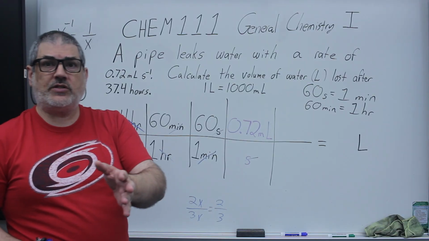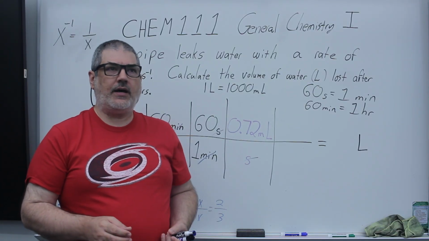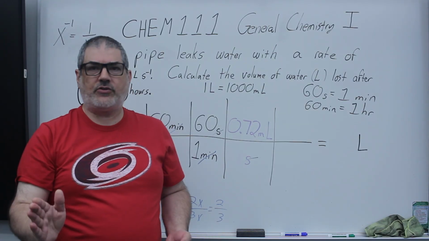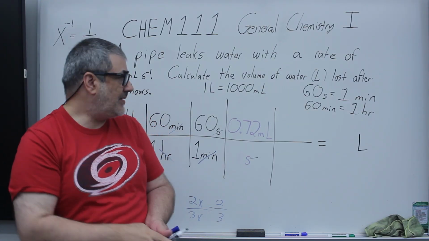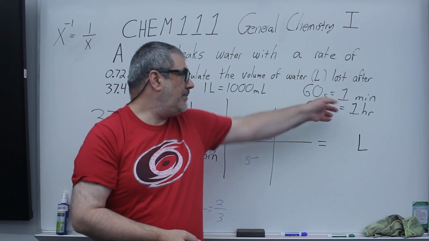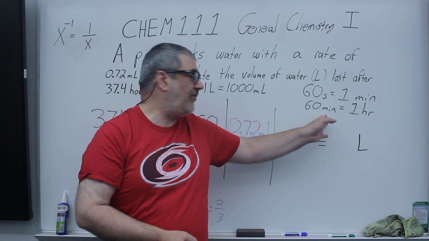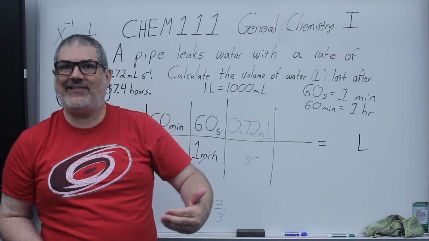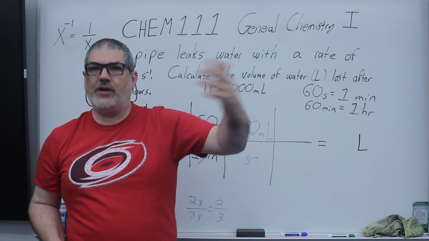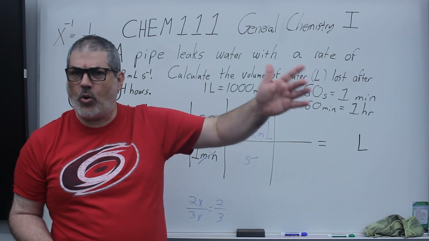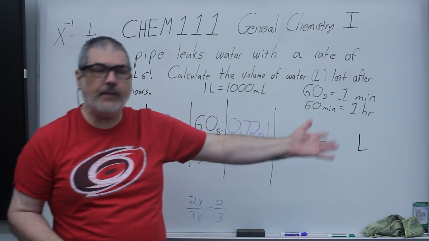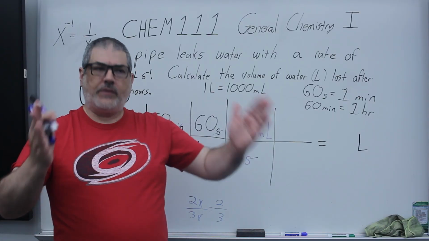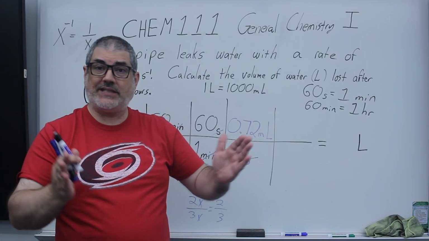Why the metric system is so powerful is that every unit change is a factor of 10. In the English system, you're all over the map. You know, 1 minute is 60 seconds, 1 hour is 60 minutes, 24 hours is a day, right? In other words, it's not consistently 60 or 24, and 365 and a quarter days is a year. It's got no rhyme or reason. Whereas with the metric system, it's base 10.